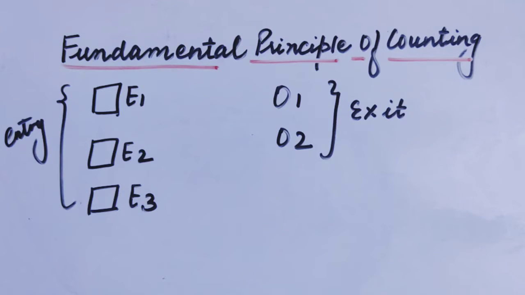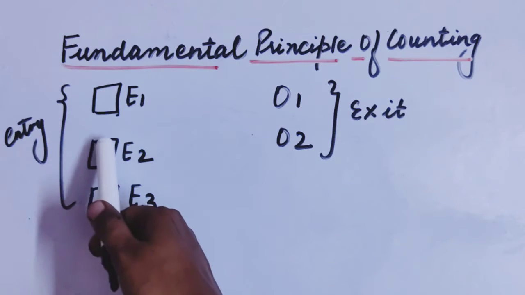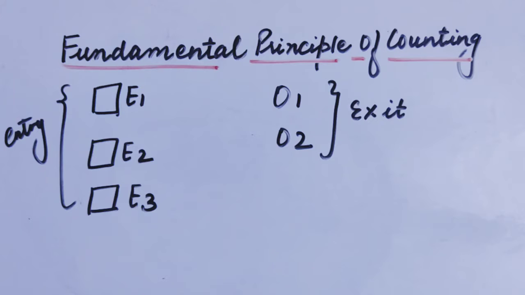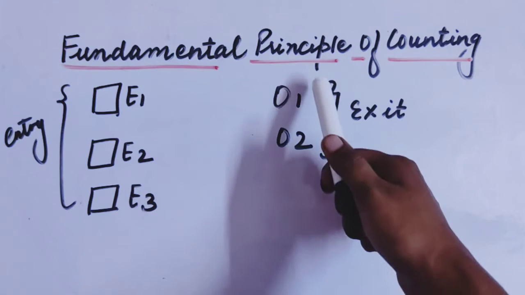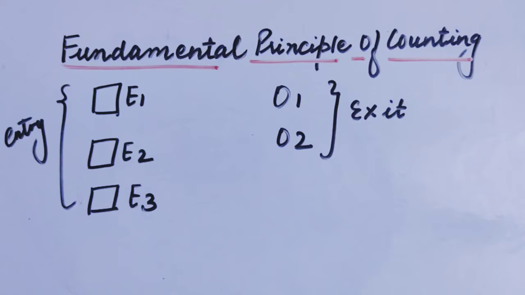Now see students, in how many ways can Savita enter the cinema hall? She can enter the cinema hall in three ways. Either she can go by the E1 gate or by the E2 gate or by the E3 gate. And in how many ways can she exit the cinema hall? She can exit the cinema hall in two ways, either by O1 or by O2.